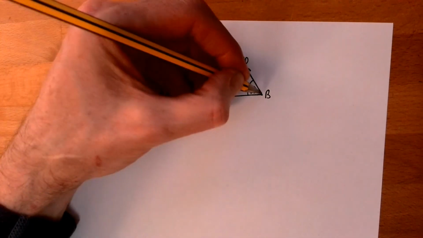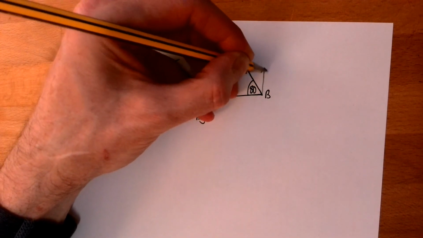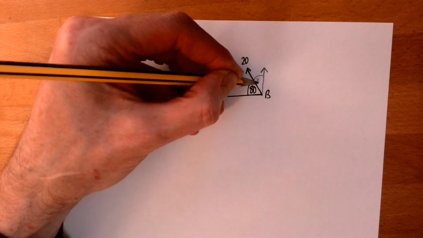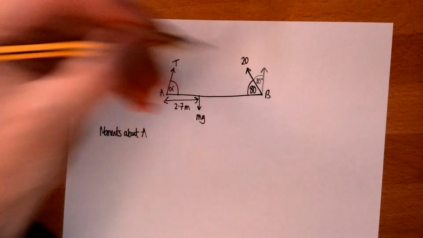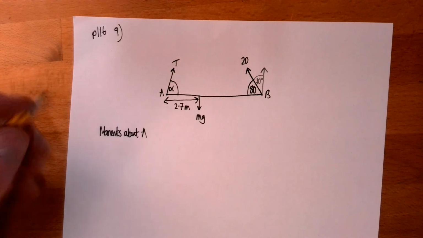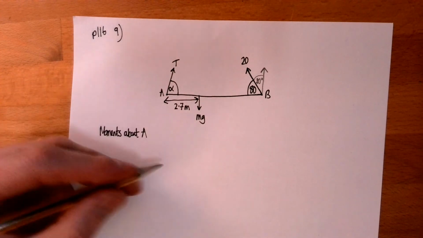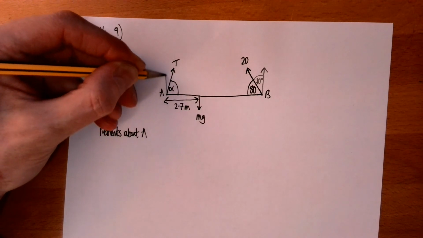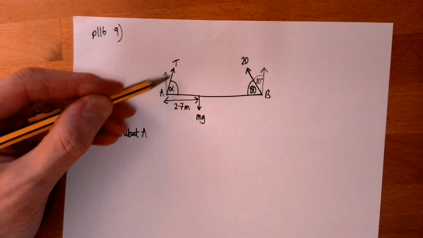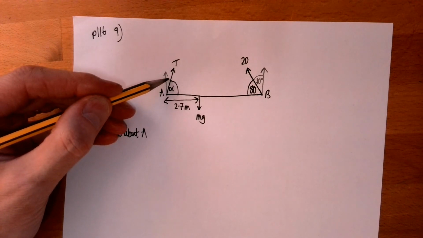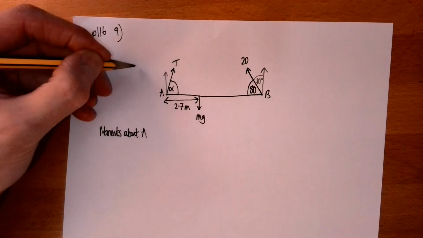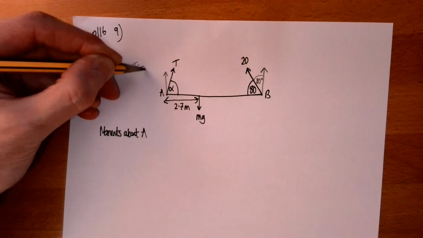So when I'm taking moments about A, this force, that's its perpendicular component, will be 20 cos 10 degrees. And in the second part, when you have to take moments about B, if I know that angle there, I could say it was T cos that angle, and of course that angle is 90 minus alpha, but it's easier for this one to say this is T sine alpha.